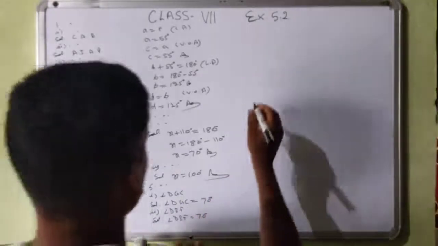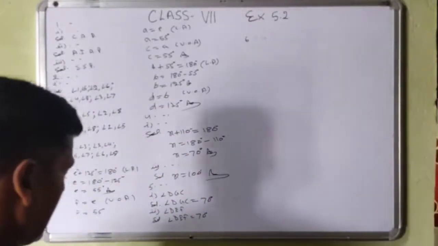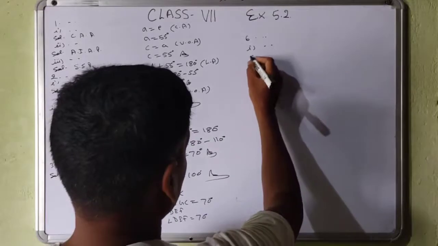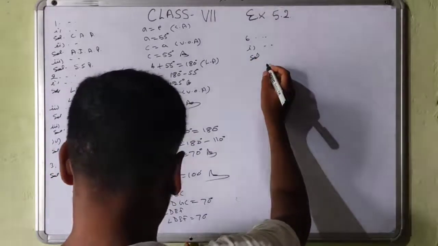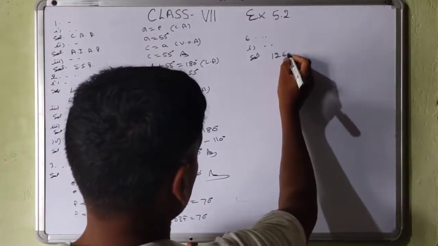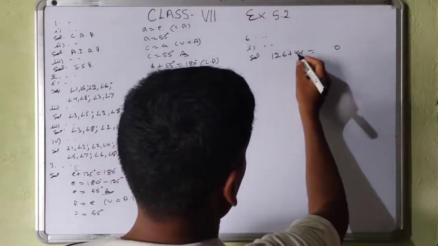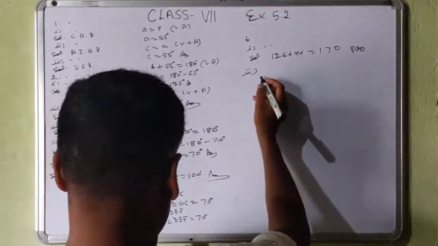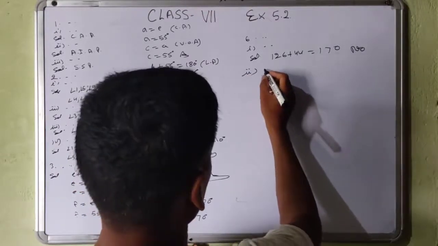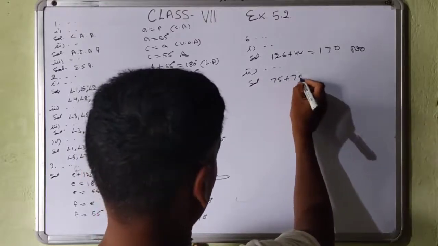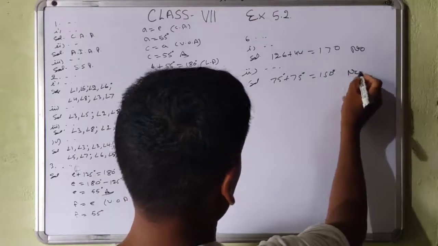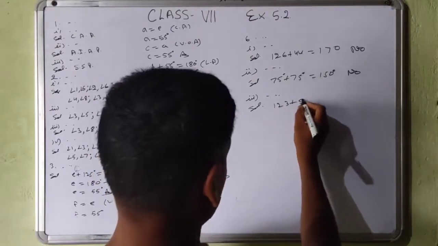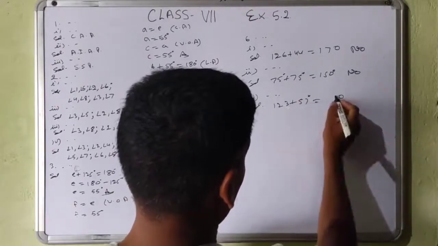Sixth question. In the given figure below, decide whether L is parallel to M. First, 126 plus 44 is equal to 170, no. Second part, this is also no. 75 plus 75 degrees is equal to 150 degrees, that's also no. Third part, solution: 123 plus 57 is equal to 180, yes.